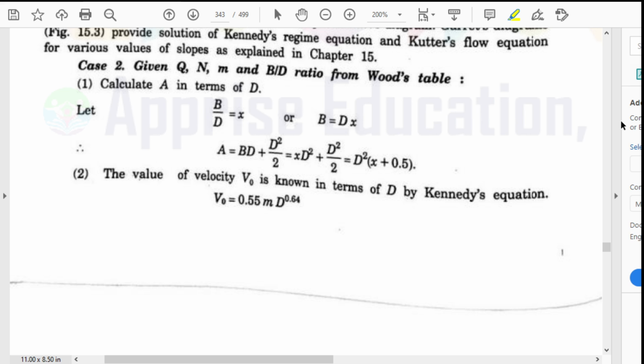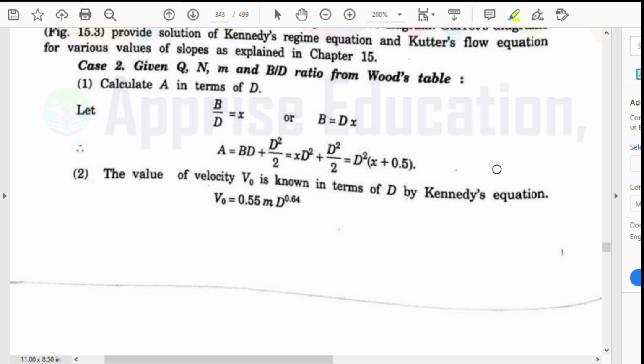The first step is to calculate the area in terms of depth of that section. Here you can see that the B by D ratio is given, so we can assume B in terms of D. So B equals D into x.